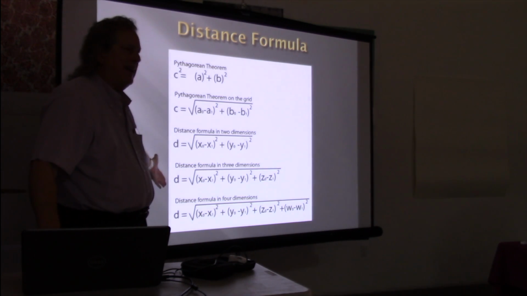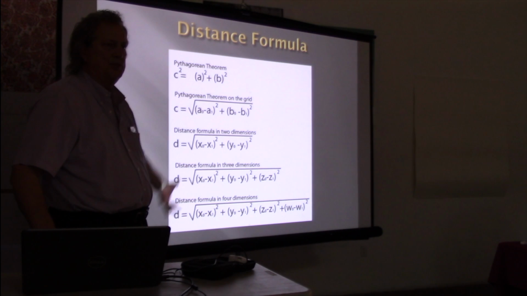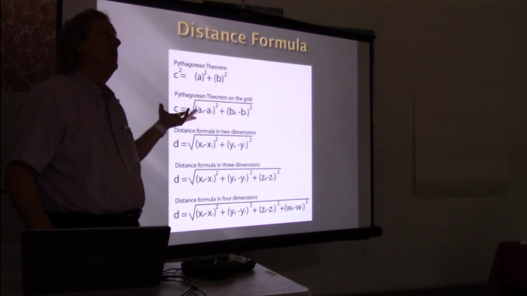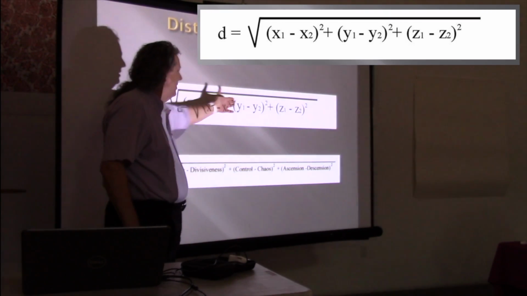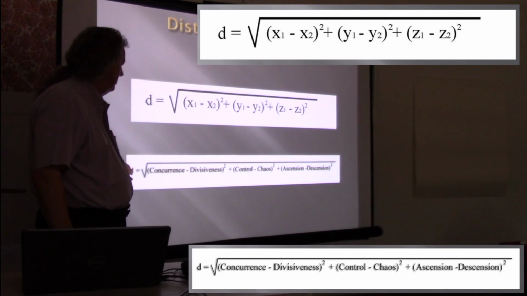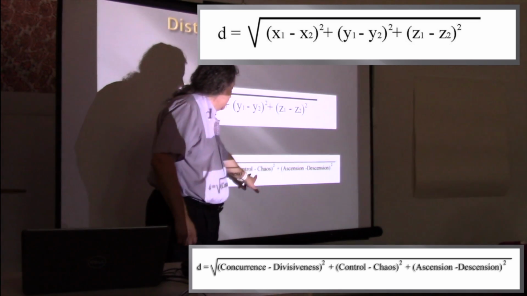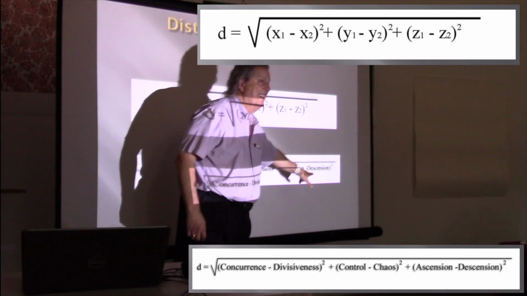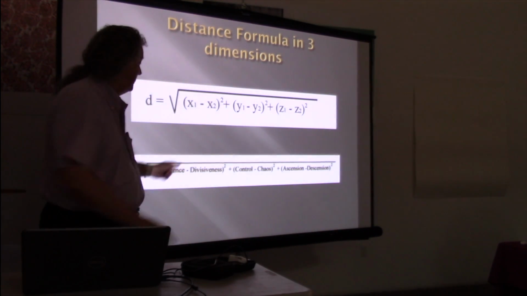We already talked about how you can mathematically define points in multiple dimensions. So here's the distance formula in the 3rd dimension. Here's the distance formula where we're using concurrence and divisiveness, chaos and control, ascension and descension as our different axes.